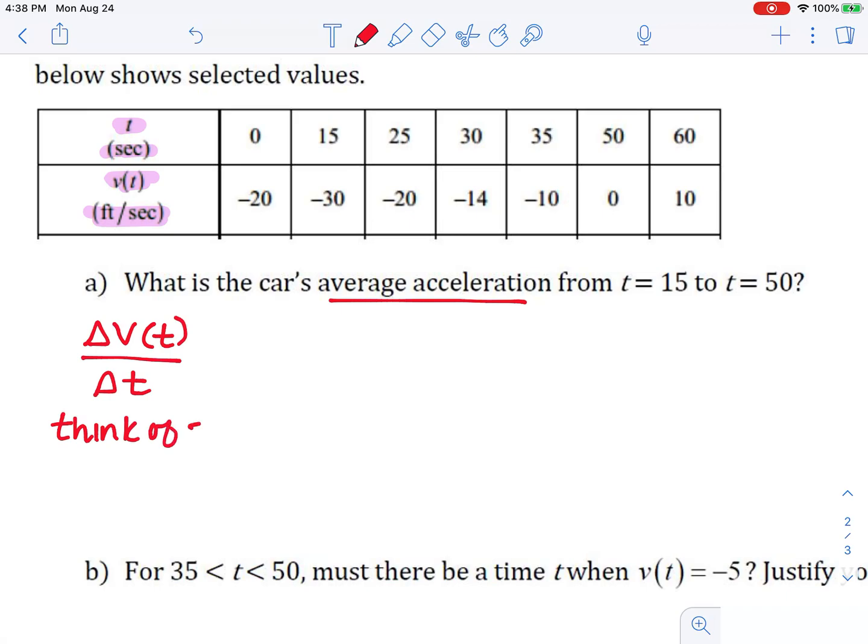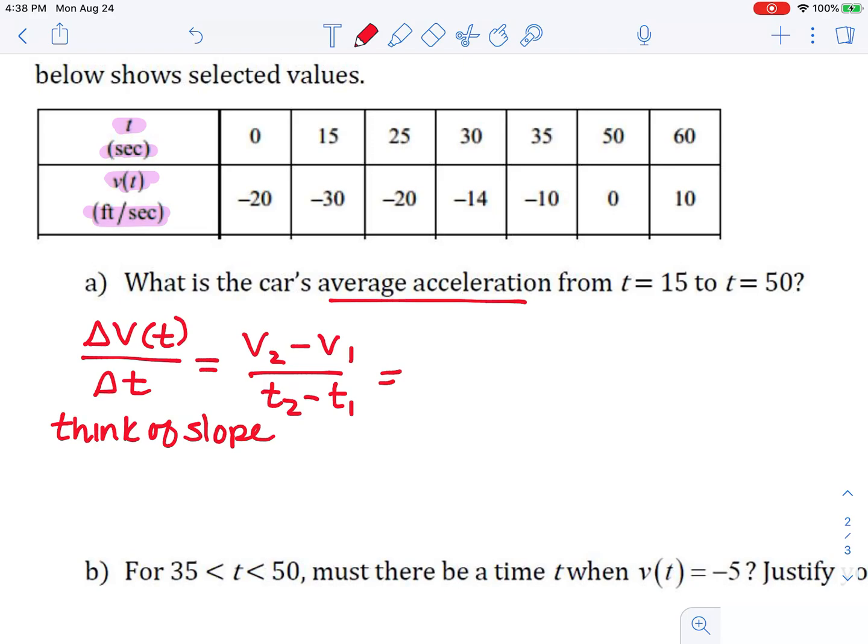Think of slope in algebra, okay? So think of V sub 2 minus V sub 1 all over T sub 2 minus T sub 1, okay?